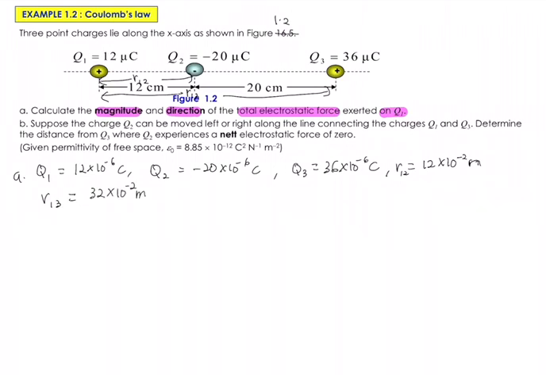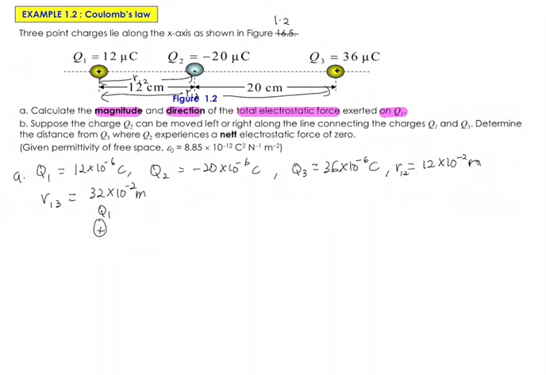Now sketch the forces acting on Q1. Q1 is a positive charge. Q1 and Q2 have an attractive force because they are positive and negative charges.